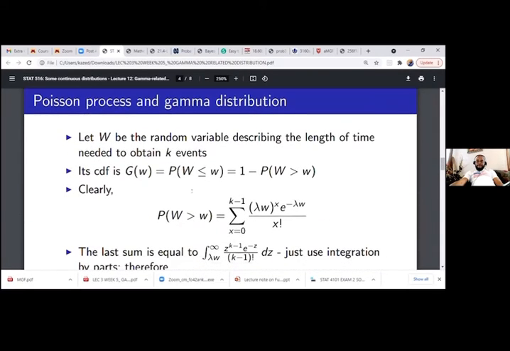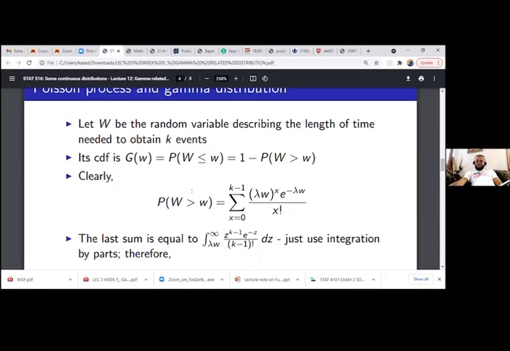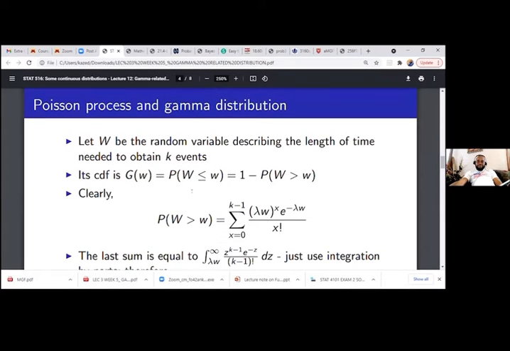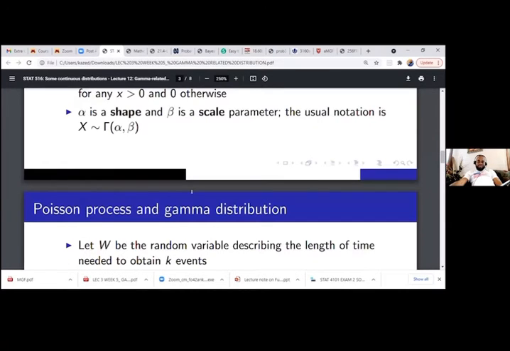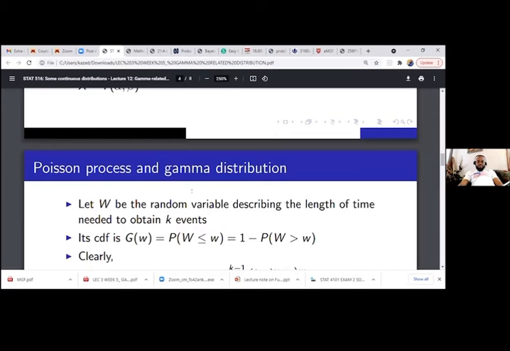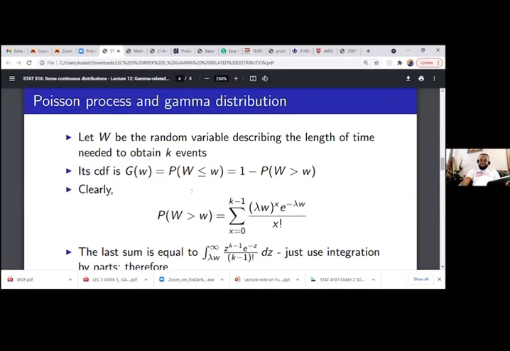Do you know that every probability distribution has a CDF? I think I showed you the CDF of Weibull the other time. The CDF of gamma can also be derived, but only that the CDF of gamma is not tractable. We're actually going to have what I call the incomplete gamma function.